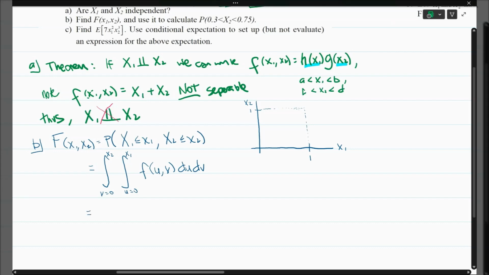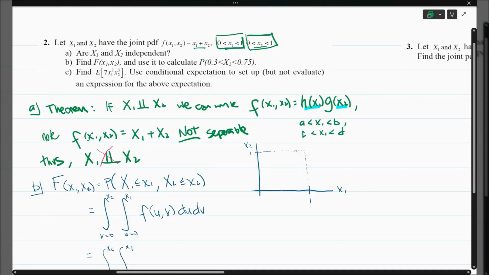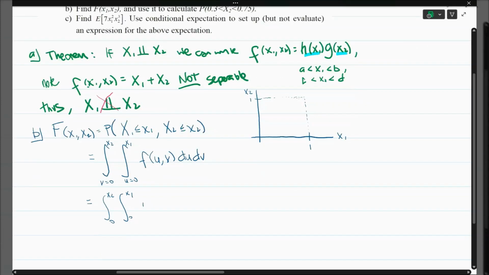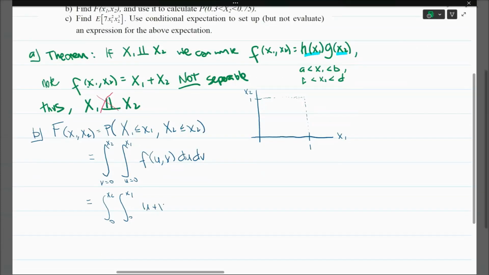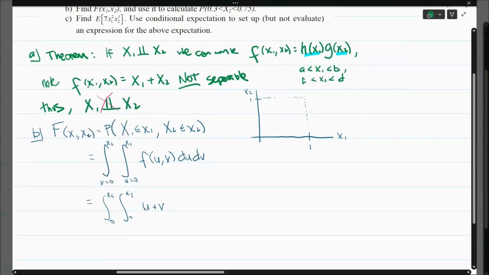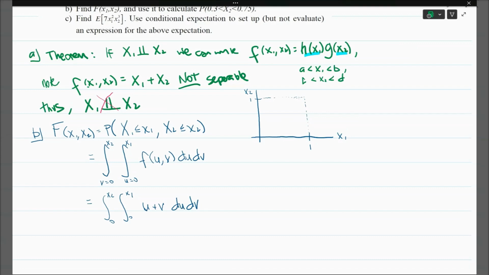So it's going to be an integral from 0 to x2, integral 0 to x1, and essentially we have u plus v du dv. When we integrate the u, we're treating v as a constant.